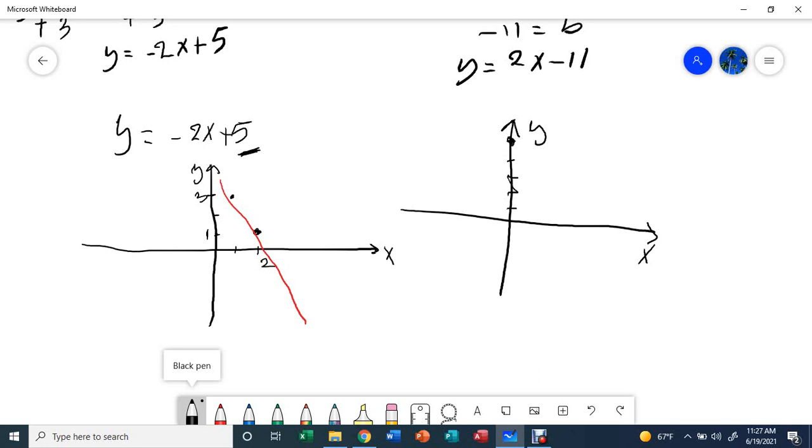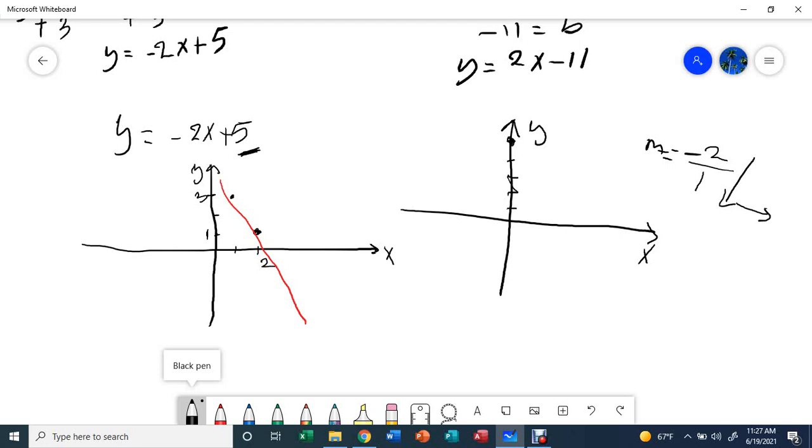And now the slope is negative 2. That means negative 2 over 1. So you are going down by 2 units and to the right by 1.